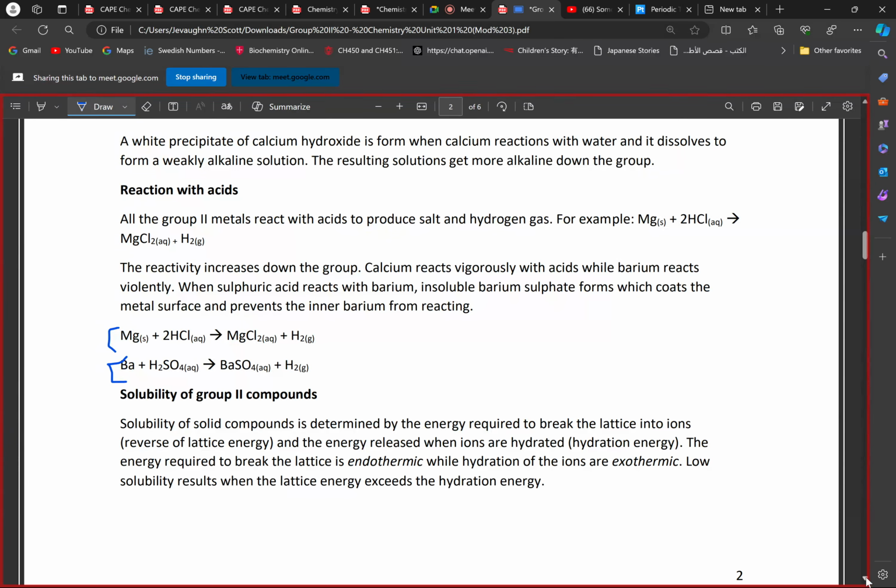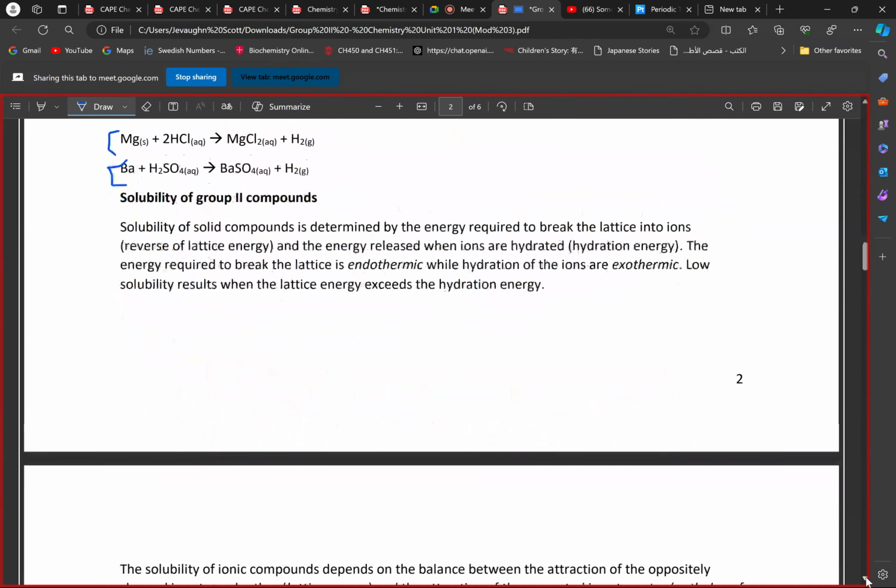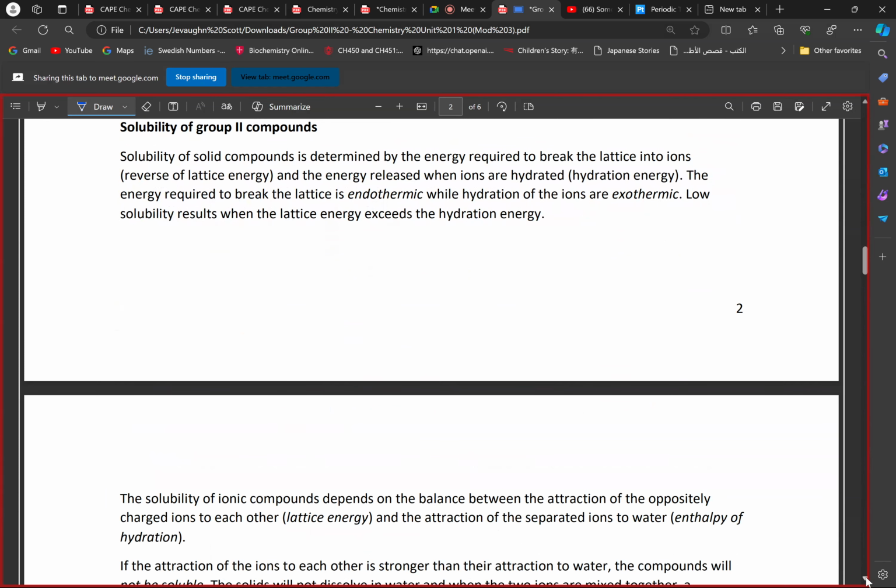Okay, so if we're looking at the solubility of the group 2 compounds, you break the lattice ions, release energy and hydrate. This is the explanation for the solubility, specifically in terms of the lattice energy and hydration energy. So we know low solubility results when the lattice energy exceeds the hydration energy.